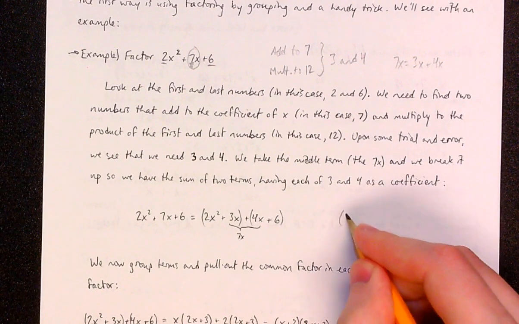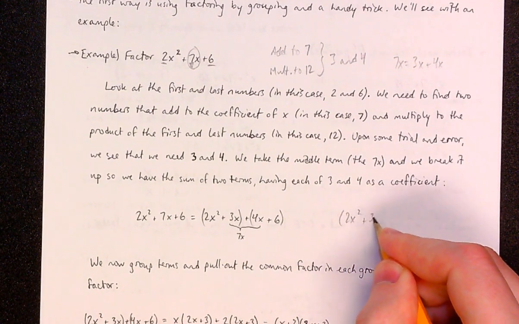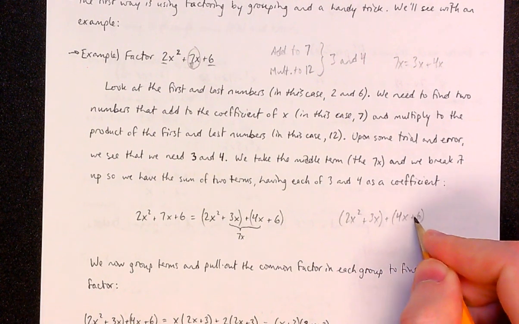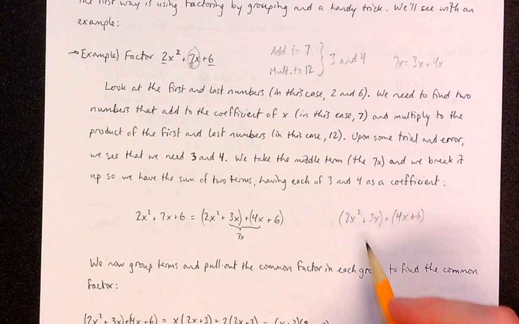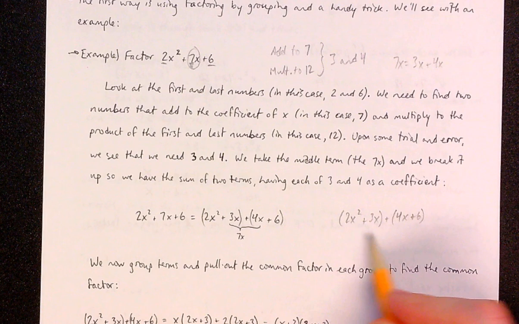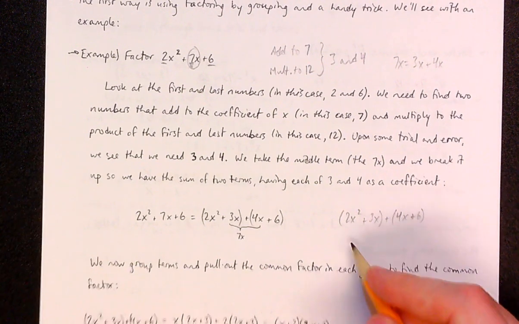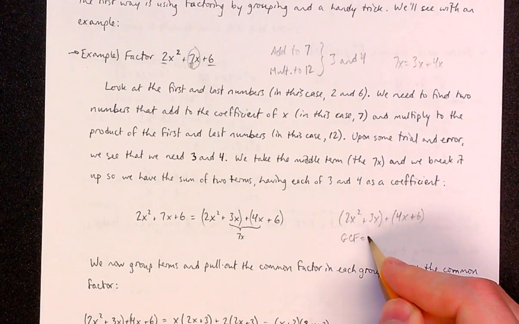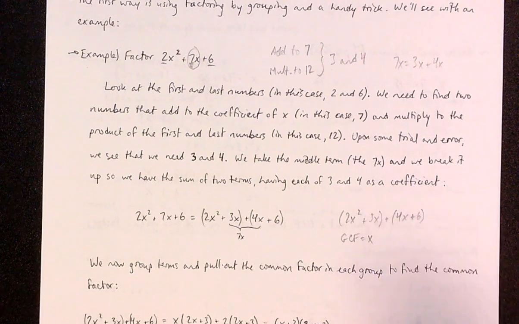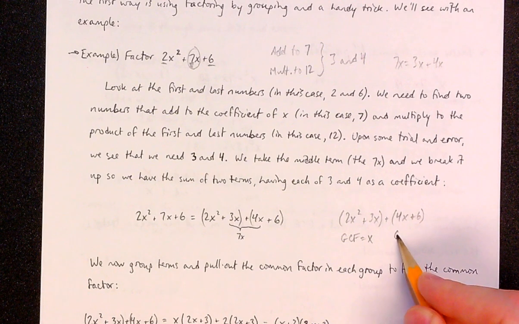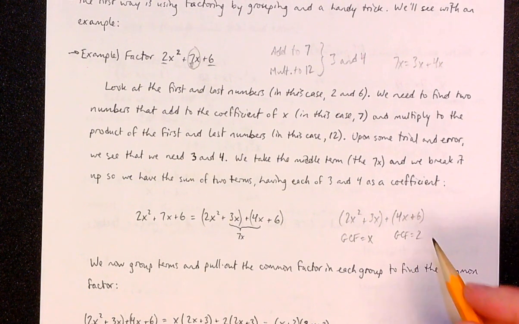So if I have the 2x squared plus 3x plus 4x plus 6, we figure out, okay, what is the GCF of this group here? Well, 2x squared and 3x. By now, you should know that the GCF there is x, and the GCF of 4x and 6 is going to be 2.